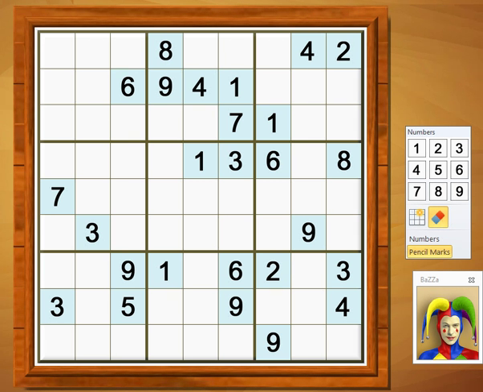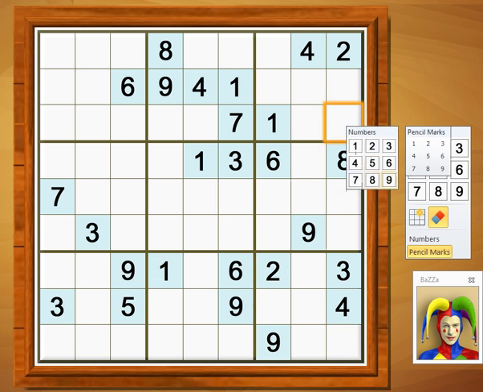This is also set up as a time trial thing, but because we're doing the video, we're not going to be doing any time trial. So let's have a look at what we've got. We've got our 9s here, 9 and 9, so we need a 9 over here in this column, because that's 9, 9, and we've got a 9 here, so that takes that out.